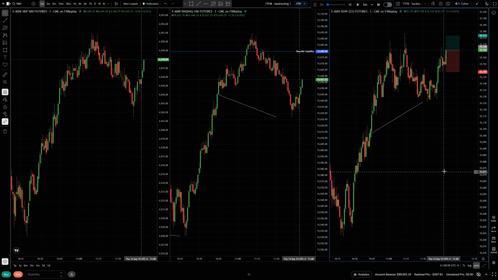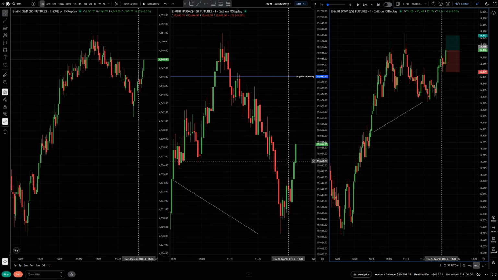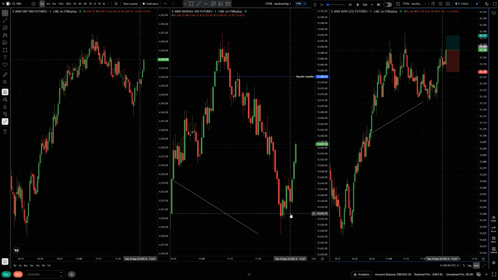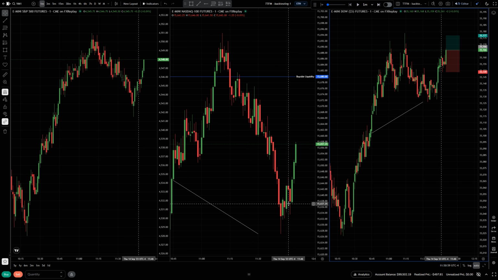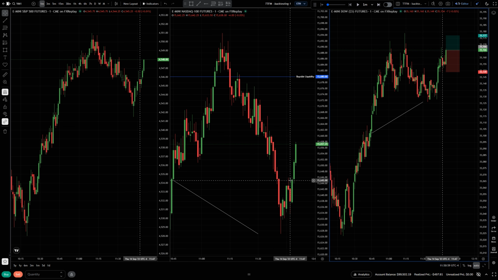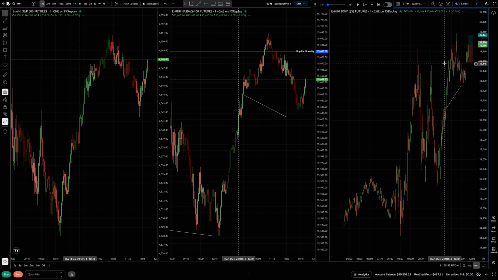All the assets are V-shaping. We have technically not CISD here, but on this, because the CISD is so much higher, and we have this with a gap, and we close above it, this could be considered your CISD.